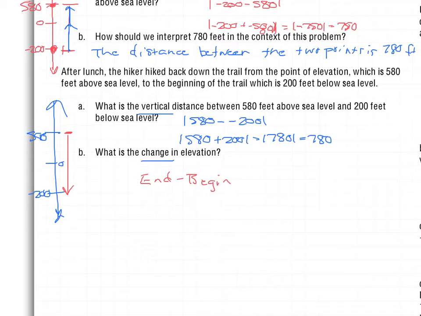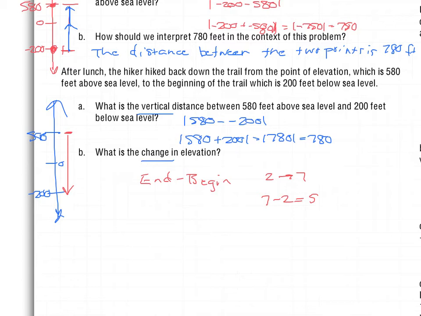Just as a quick example to the side, if we start at 2 and go to 7, we would calculate that as 7 minus 2. The change is 5. Notice that's positive because we went forward. That's one way to always quickly check. Make sure that you're identifying an increase or decrease appropriately. If we get a negative answer, that would suggest that we decreased.